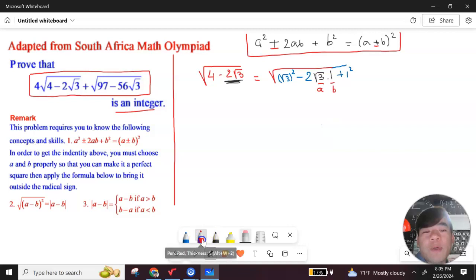Now I can turn this into a complete square because I already found a and b. My a should be root 3, my b should be 1. I use this formula right here.